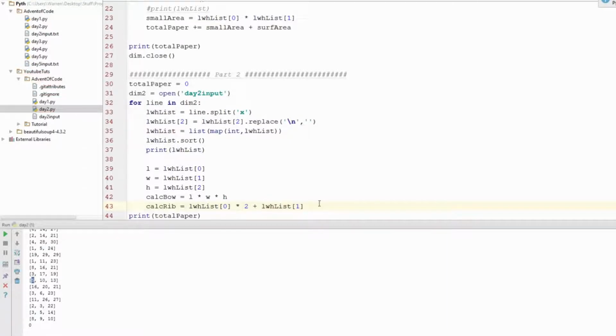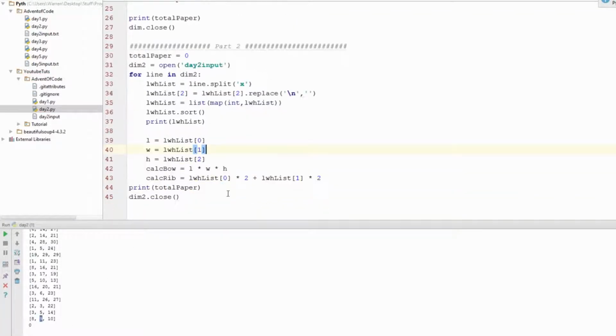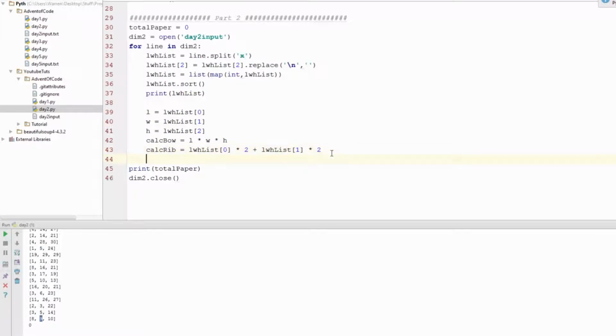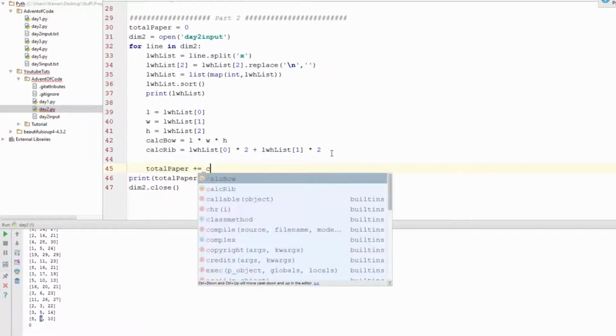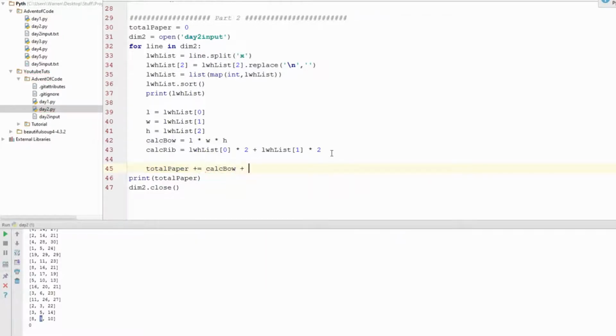I don't know if I should call it positions or index, first, second. I'm going to get that straight, don't worry. So that would be this one times 2, add those two together, and now all we need to do is increment our total paper by those two added up.